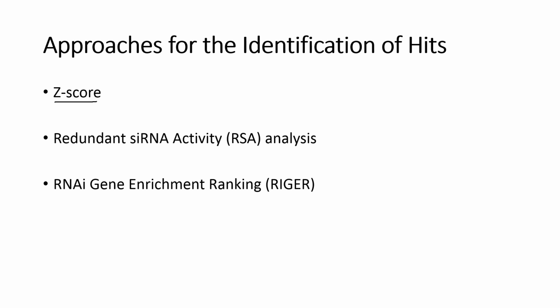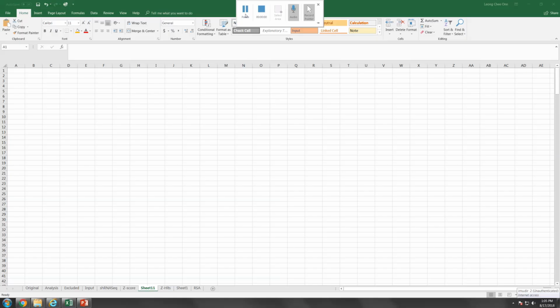Or you can use a statistical method called the redundant siRNA activity analysis, or RSA analysis. Similarly, you can use another method called the RNAi gene enrichment ranking, or RIGER analysis. In the following videos, I'm going to show you in detail how you can use these three approaches to identify the hits from any RNAi library screen data.